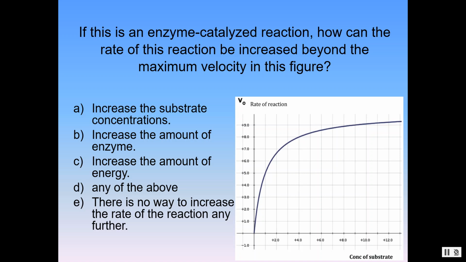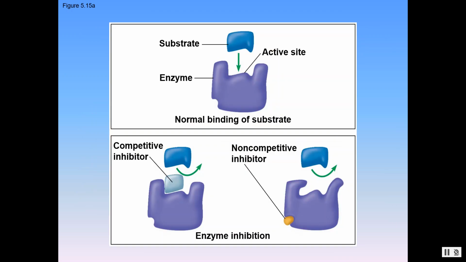If we increase the amount of energy, that's not going to happen because it's the enzyme that's doing the catalyzing. So what we need to do here is increase the amount of the enzyme. If we increase the amount of the enzyme, we can increase the reaction rate because we'll have more enzymes doing more of their job. So the answer to this question is going to be B.